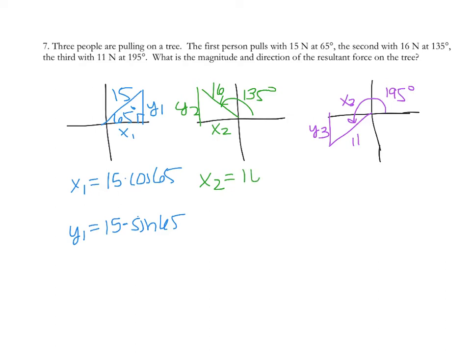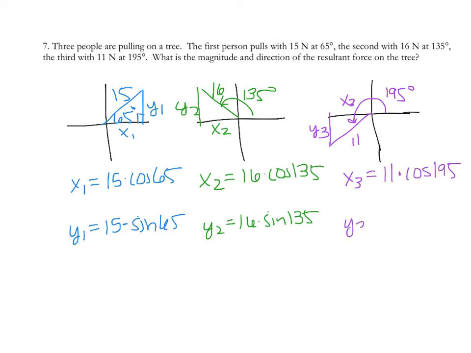It's going to be 16 times the cosine of 135. y2 is going to be 16 times the sine of 135. x3 is 11 times the cosine of 195, and y3 is going to be 11 times the sine of 195. So I'm going to calculate those now on my calculator.